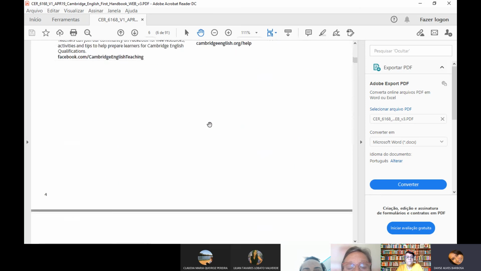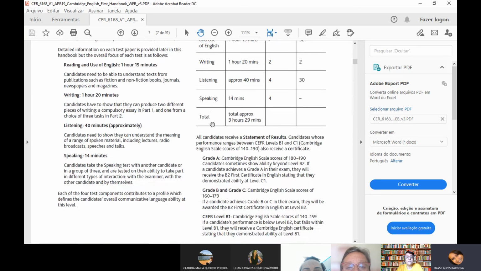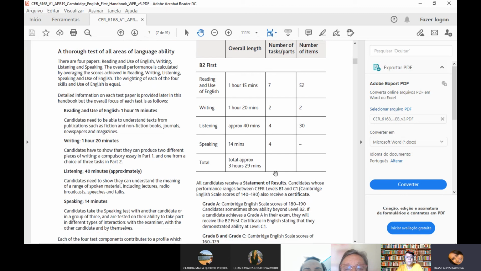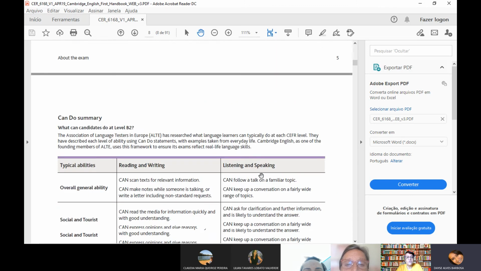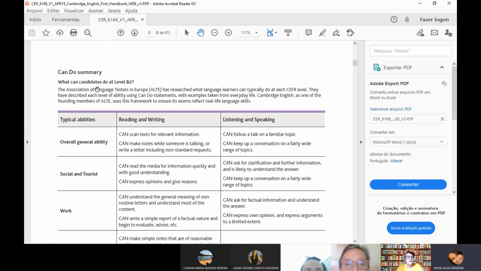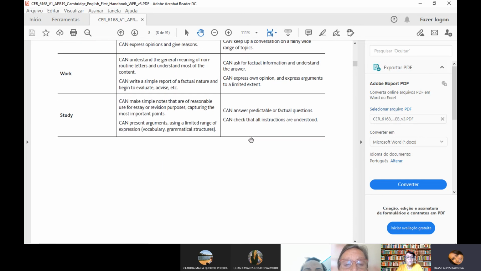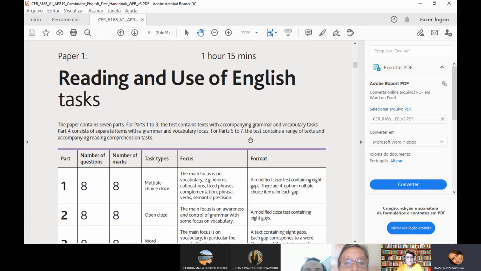Okay, you have many pieces of information here, the test, the length, the number of parts, the number of tasks the part has, number of questions, everything is here. What can candidates do at level B2, what is expected of each candidate. It's important, it's good that you know this.